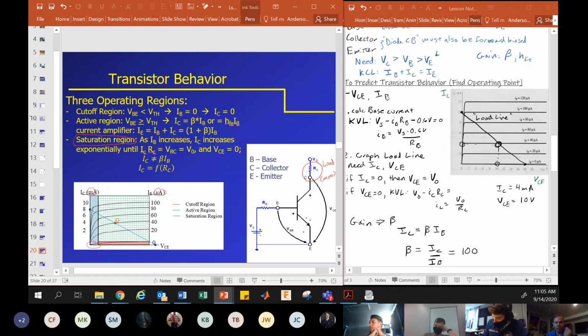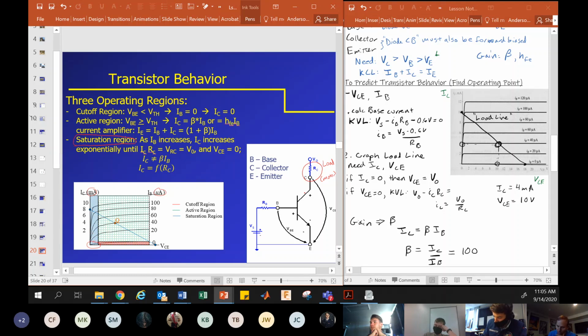Imagine like your light switch in your dorm room. What if your dorm room light switch sucked up half the energy that your lights needed? That'd be a pretty terrible design, right? So if we can make VCE as low as possible, that means we're losing the least amount of energy in the transistor. And all the energy is going into the motor instead. That's what we want.